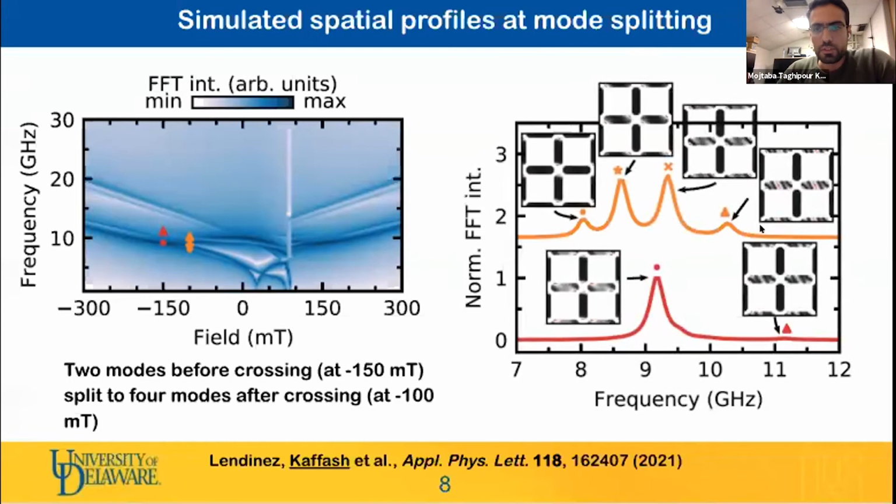And as can be seen, before a splitting occurs at -150 millitesla, which is shown with the red curve, and this graph is the 2D graph at -150 millitesla, the main excitation mode, or the most intense one, shown with the red dot, is located on the horizontal island and the edges of the vertical island. A higher order mode can also be observed at a higher frequency, but with a much smaller intensity, which is marked with a red triangle, or this one.